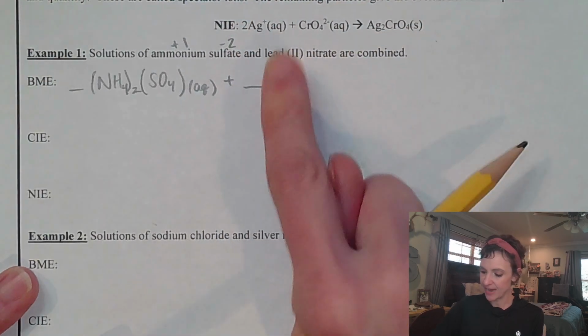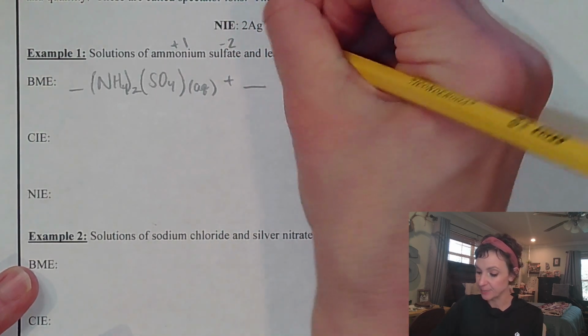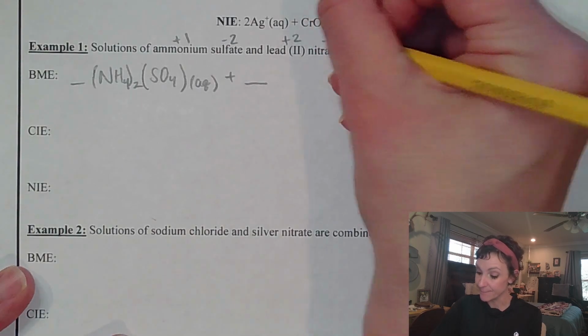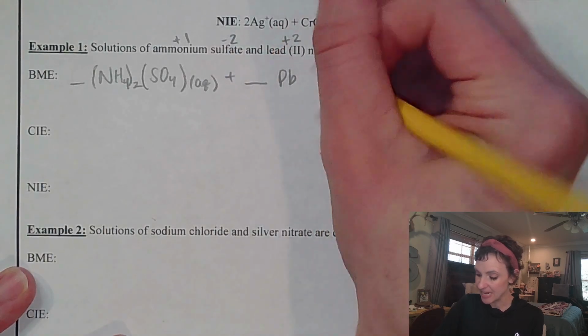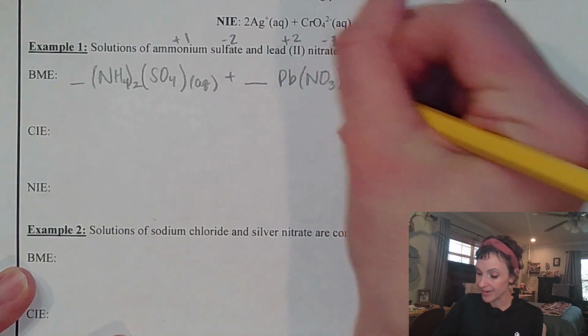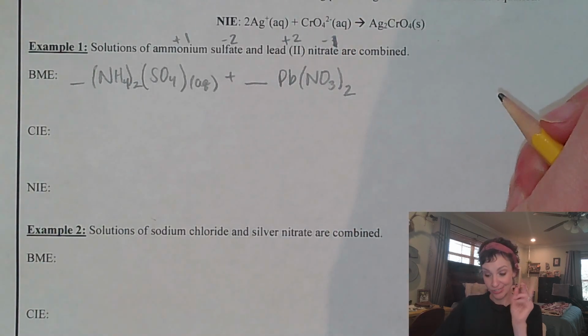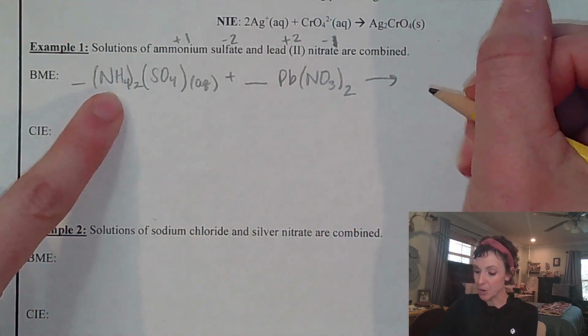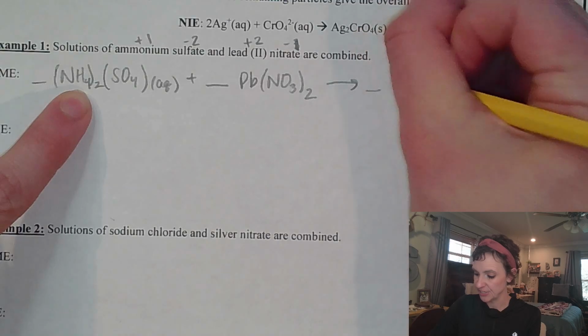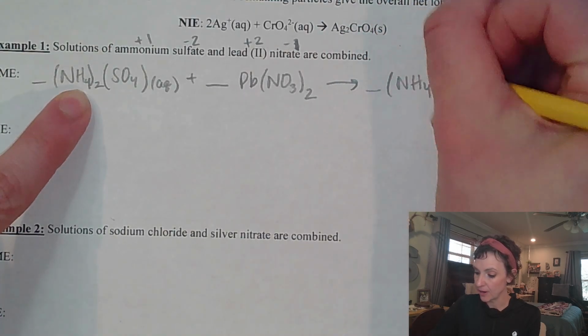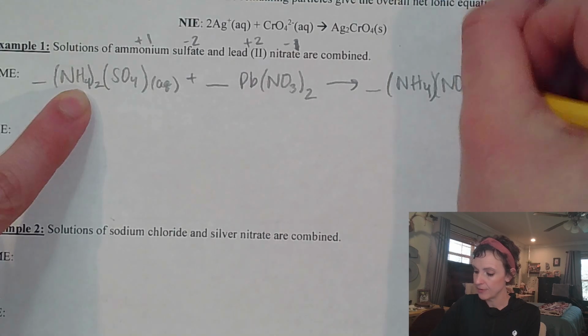My second reactant is lead(II) nitrate, so this lead has a +2 charge. Nitrate always has a -1 charge, and so I would have Pb(NO3)2. Swapping partners here means that ammonium pairs up with nitrate. Each one of these has a charge of magnitude 1, so I have NH4 and then NO3.